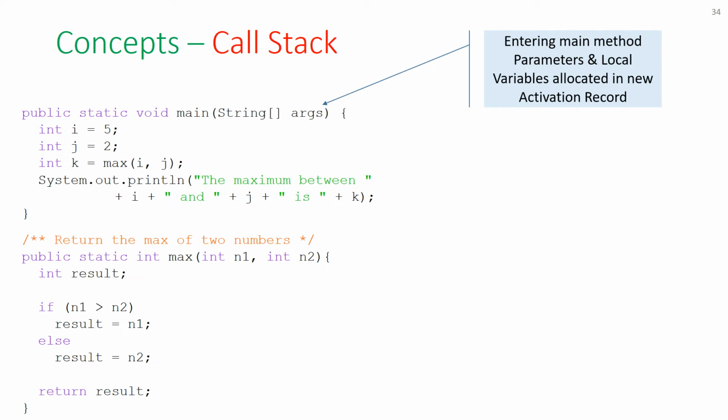We initialize i, j to 5 and 2 respectively. We call the method max with i and j as arguments, so 5 and 2. And whatever return value we get, we store inside of k, also a local variable inside the main method. And then we display the maximum between i and j is k. So nothing complicated there. We could have done that probably the first day of class.